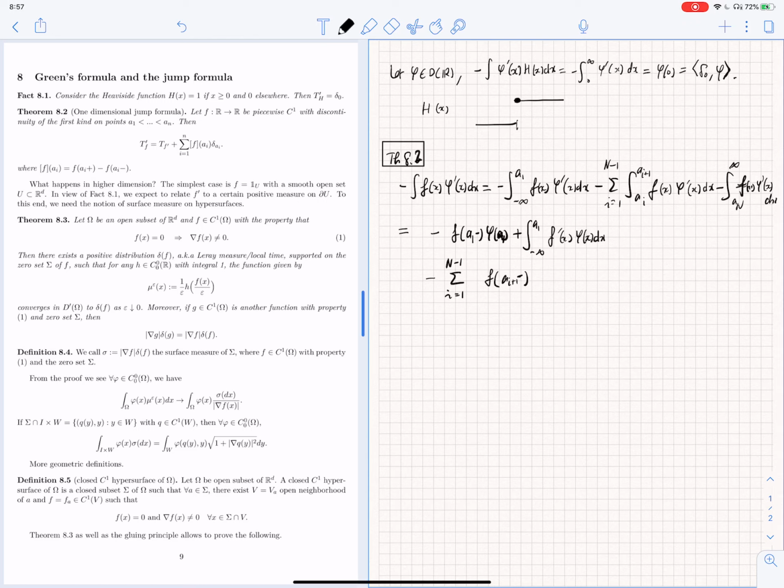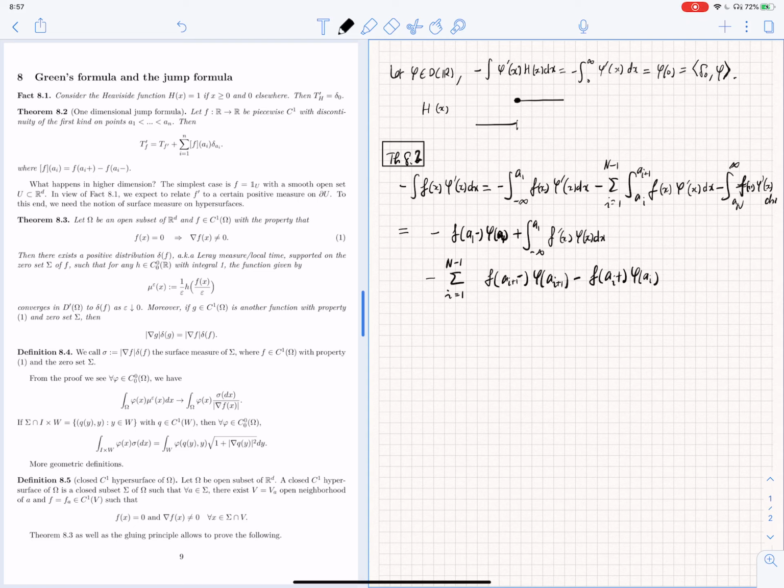It's the limit from the left. Phi of a_{i+1}, again continuity, then minus f of a_i plus, the right endpoint, because we are on this interval, right? The right limit at a_i times phi of a_i.